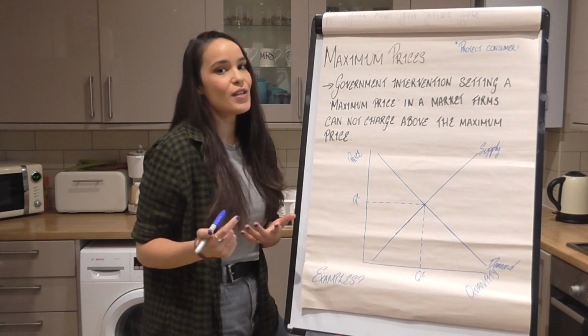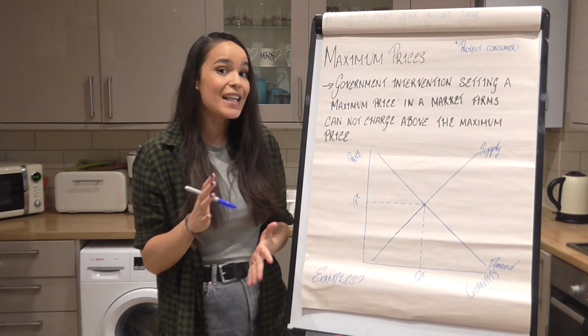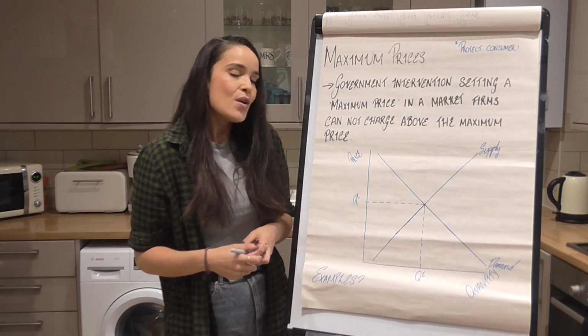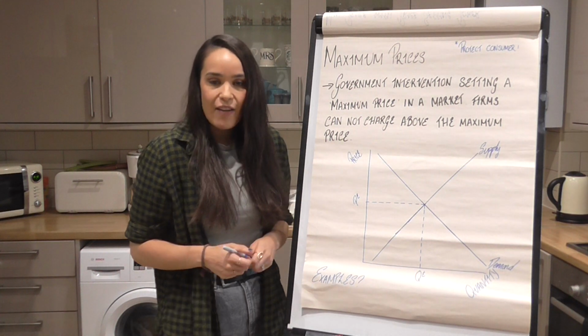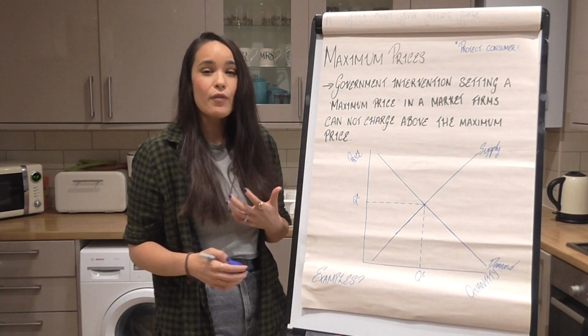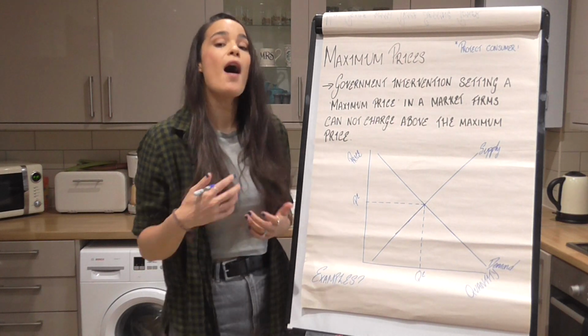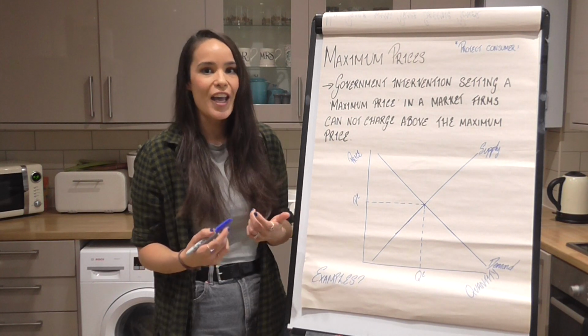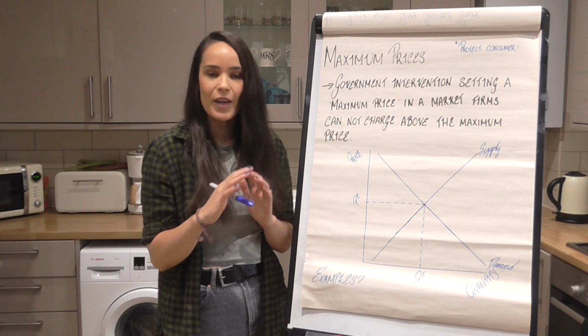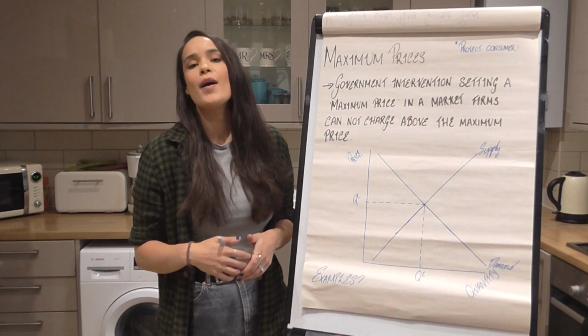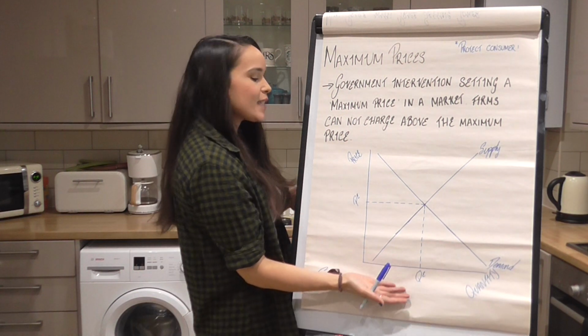So what I'd like you to do is just to pause the video and think about exactly where they're going to set the maximum price on this diagram. Obviously the maximum price is in place to protect the consumer, so that's going to indicate to you that prices are too high. We're assuming here just normal market mechanisms, so we are operating at the market price, that's the price equilibrium and the quantity equilibrium.